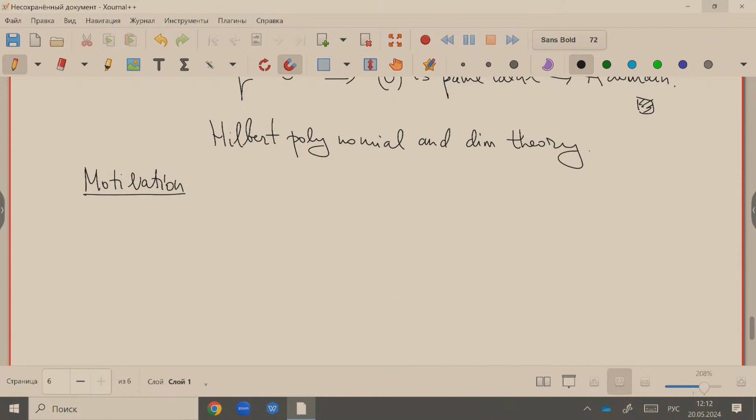Suppose you have a polynomial ring. Here in the polynomial ring you have a maximal ideal, and now consider the following object.